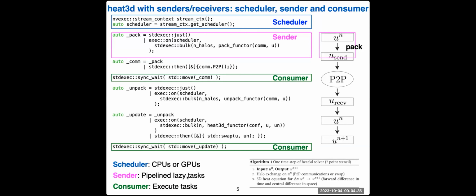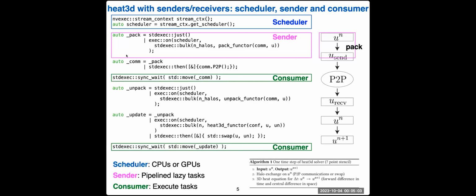The meaning of lazy is that the tasks are not executed instantaneously, and it is the consumer that executes the tasks defined by senders. So this flowchart is the 3D heat equation solver with MPI parallelization, and there are just packing and P2P and unpack, and then the 3D heat equation solving. So this is achieved with senders receivers in this program.